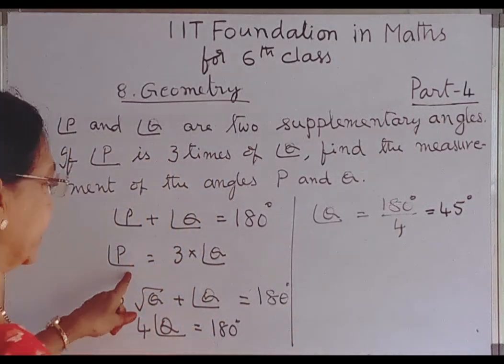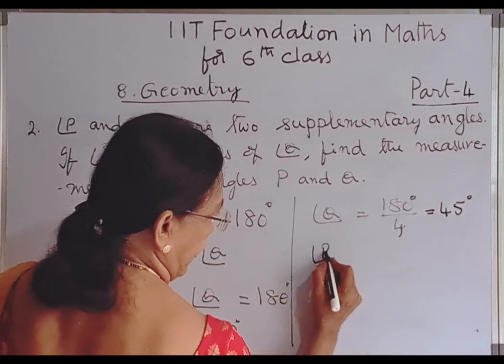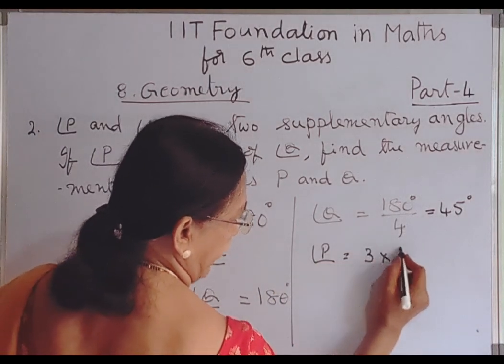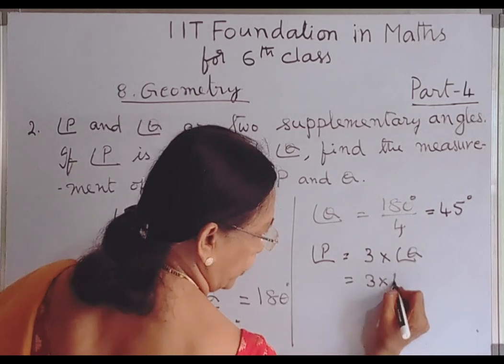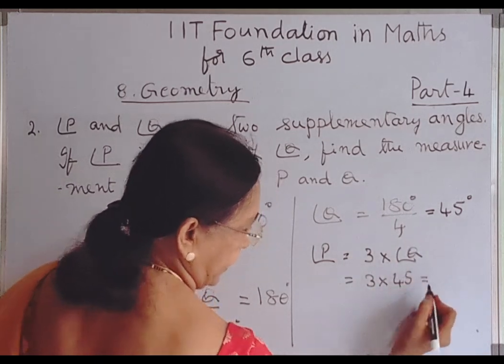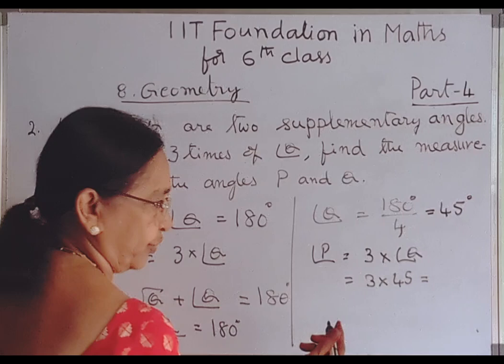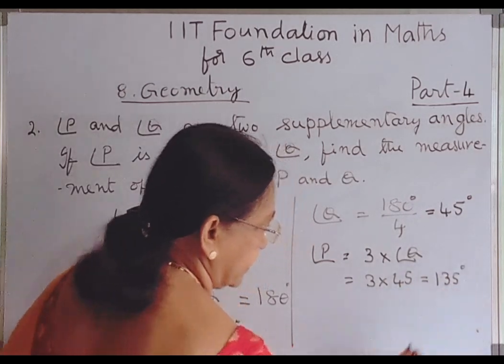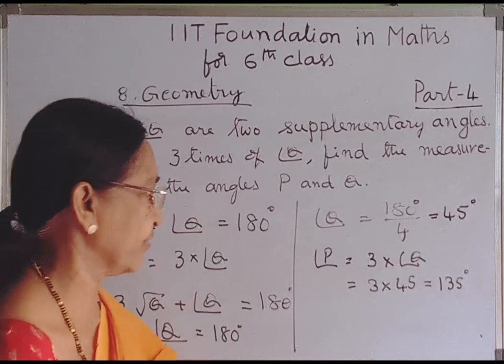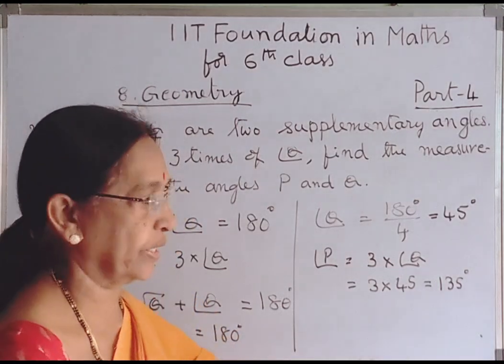Then angle P is equal to 3 times angle Q. Therefore 3 times angle Q, that is 45 degrees, is equal to 3 into 45, that is 135 degrees. So let us verify whether they are supplementary or not.